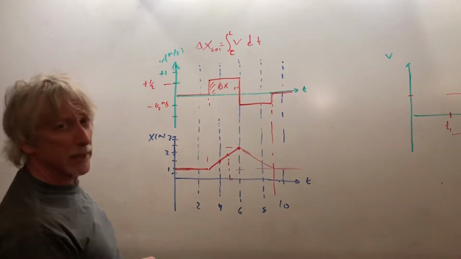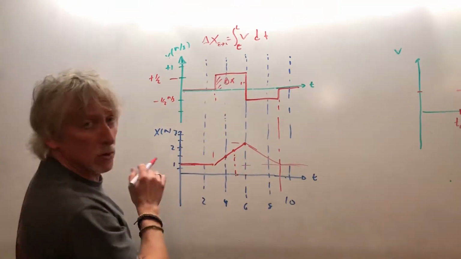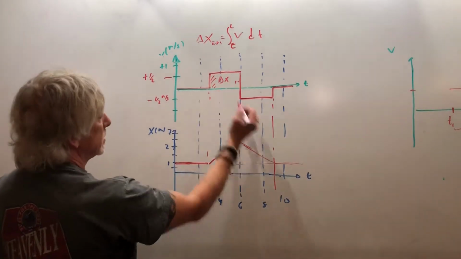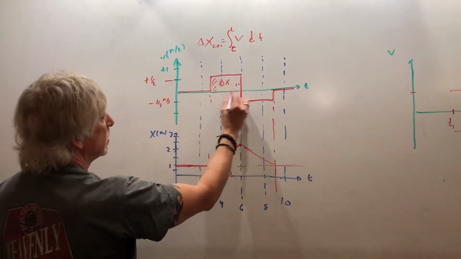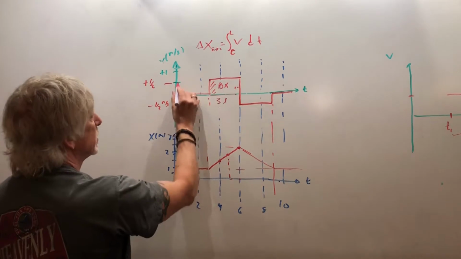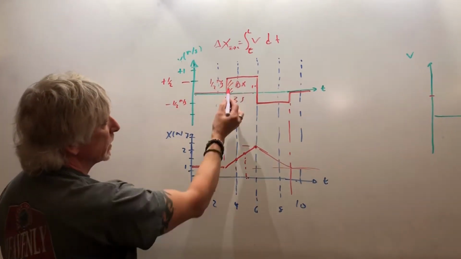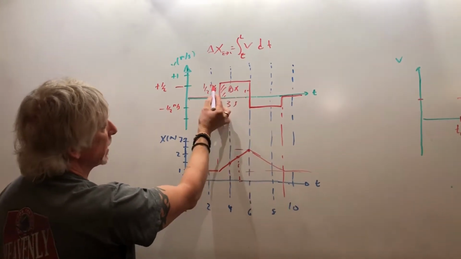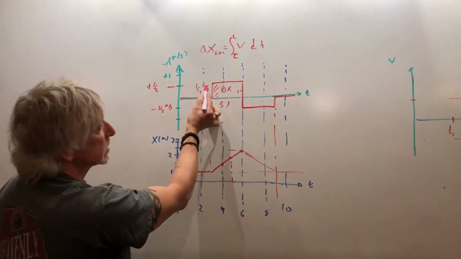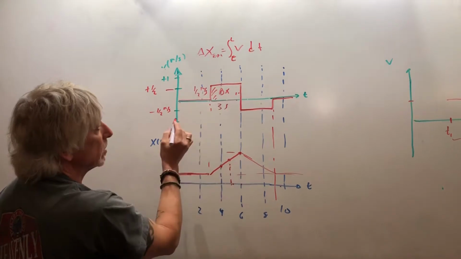If I calculate that, because it's a nice shape, I don't need an integral. Looking down here, it's 3 seconds times 1/2 a meter per second. That delta x is 3/2 of a meter.